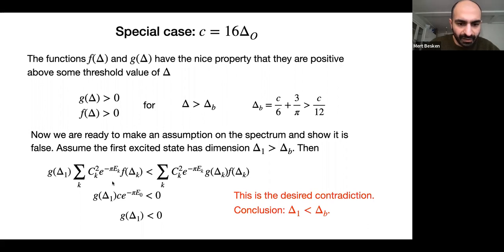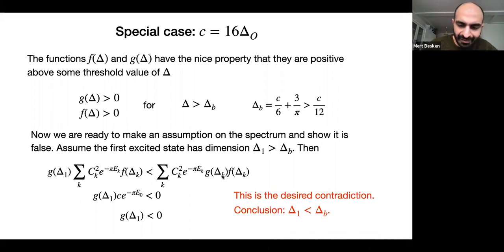This inequality holds because we are assuming this is the first excited state, and all of the states above this have dimension greater than delta 1. So this sum with g inside the sum will be greater than with g factored out and set to the value of the first excited state, right?